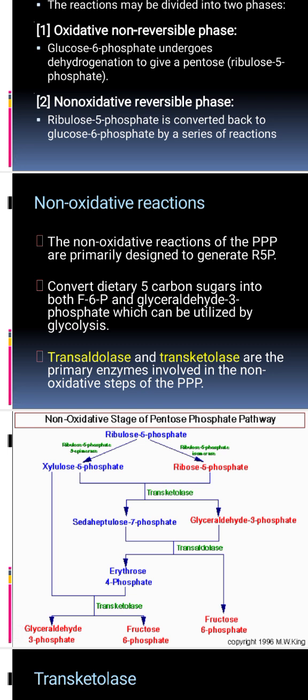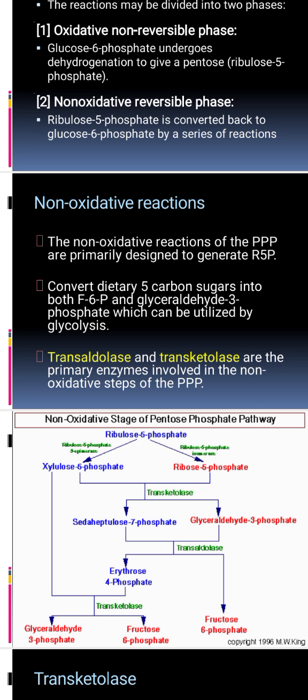Let's see the non-oxidative reactions. The non-oxidative reactions of the pentose phosphate pathway are primarily designed to generate ribose 5-phosphate. It will convert the 5 carbon sugars into both fructose 6-phosphate and glyceraldehyde 3-phosphate, which can also be utilized by glycolysis.